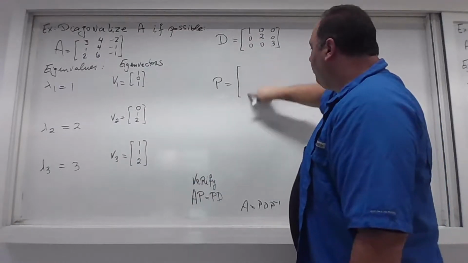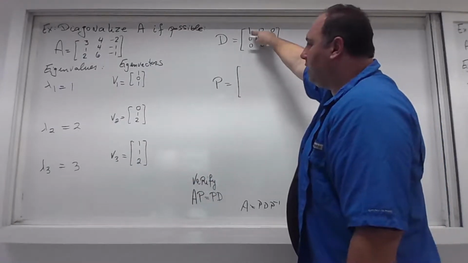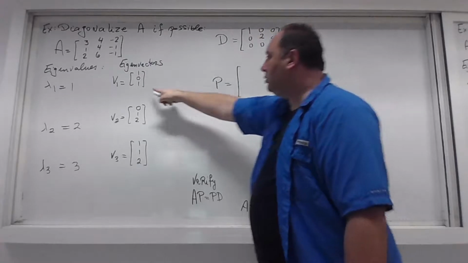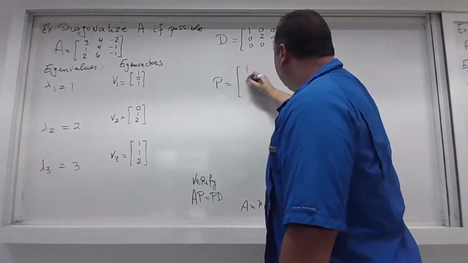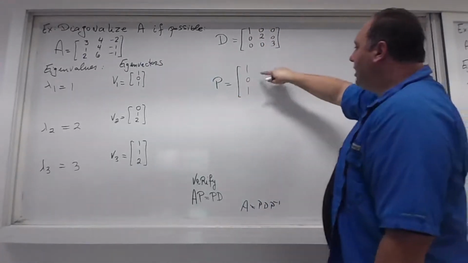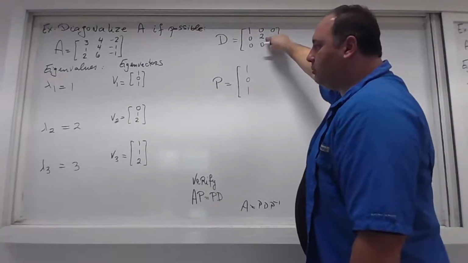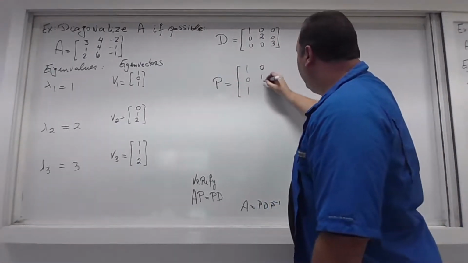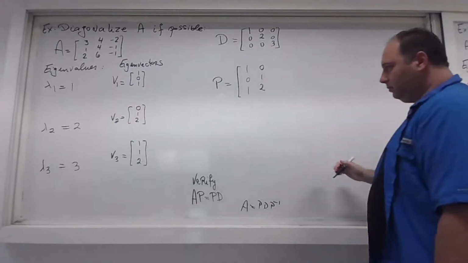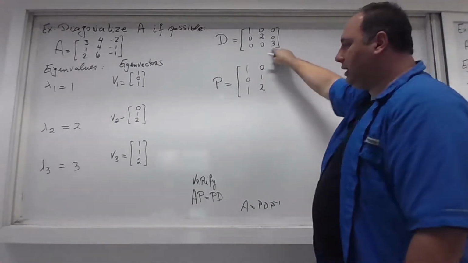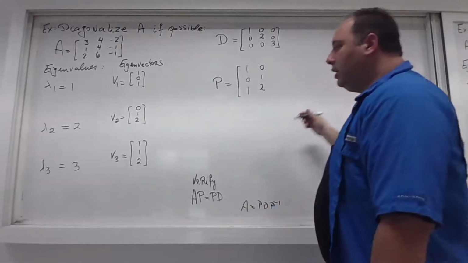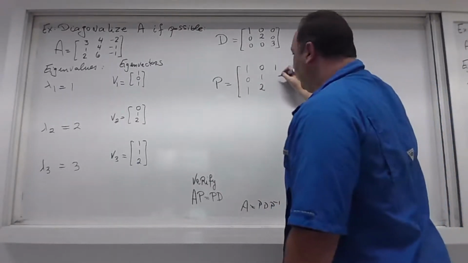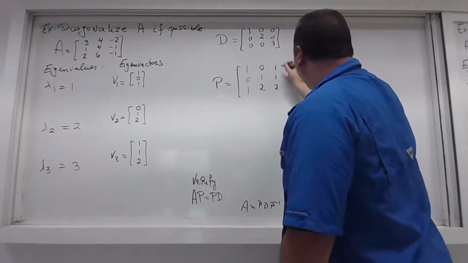The first column of P will be the eigenvector corresponding to eigenvalue 1. It will be V1, which is 1, 0, 1. The second column will be the vector corresponding to eigenvalue 2, V2, which is 0, 1, 2. And the third column of P will be the vector corresponding to eigenvalue 3, eigenvector V3, which is 1, 1, 2.